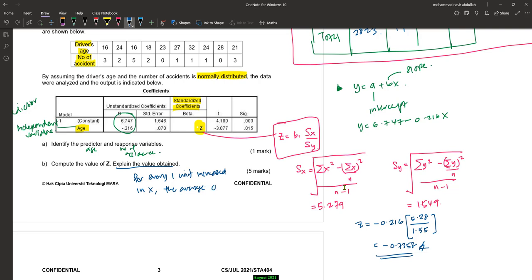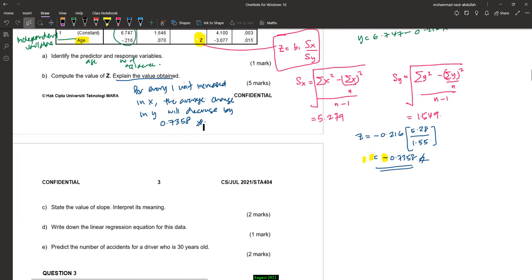The average change in Y will, so since kita ada negative value dekat sini, right, the negative value, so it should be decrease lah, will decrease by 0.7358, right? Okay? Boleh?